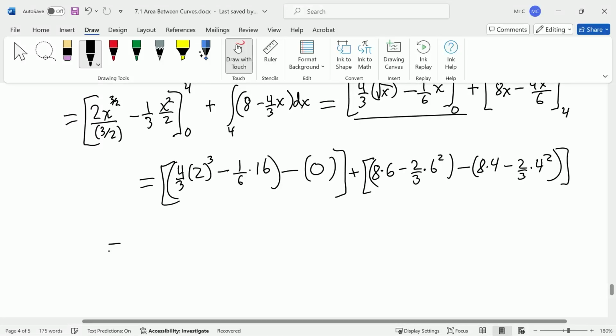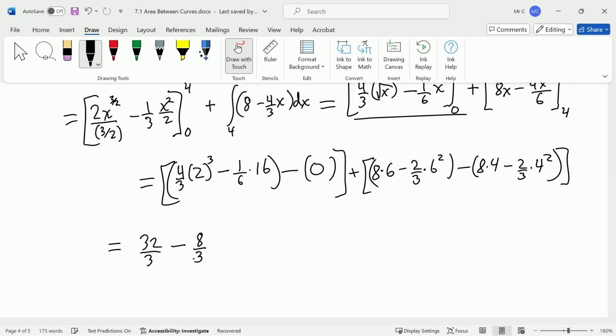And now we just got to clean up these numbers a bit. So we've got 2 cubed is 8 times 4, that's 32/3, minus 16 over 6, which is 8/3, plus 8 times 6 is 48, minus 8 times 4, which is 32.